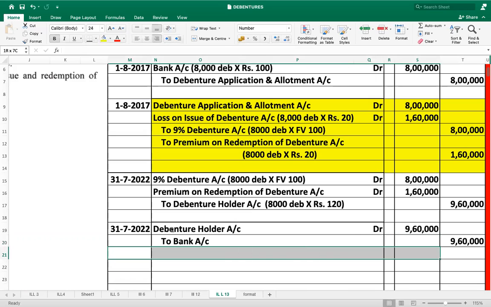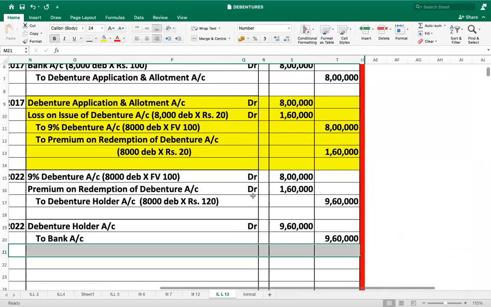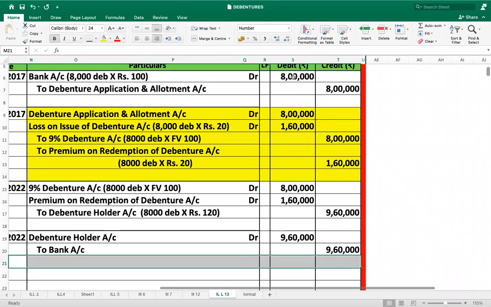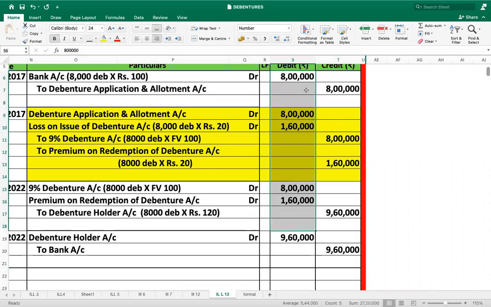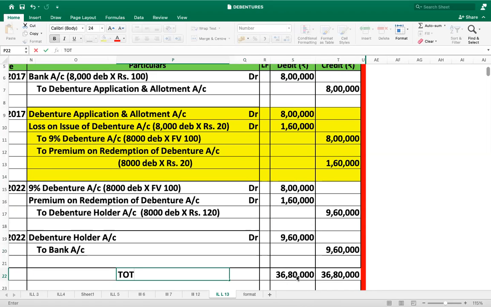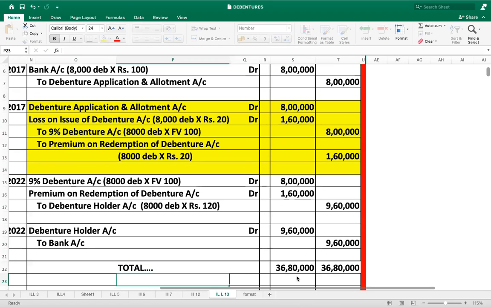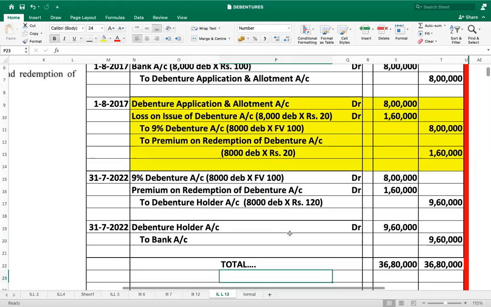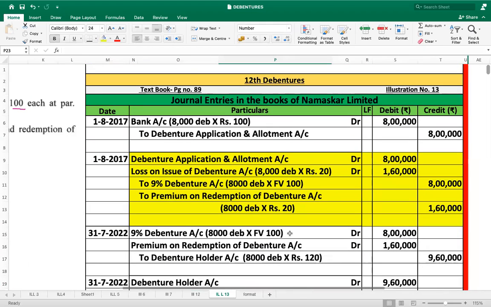Close it. As per the textbook, you don't have to do the totals, but I still suggest you do the totals so that there is no scope for anyone to deduct any marks. So please do the totals. Go through it, see if you have any doubt.